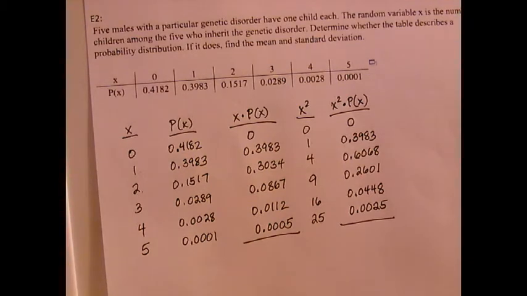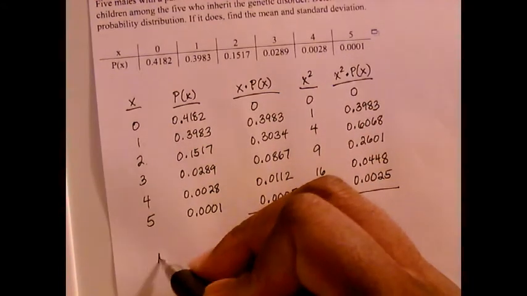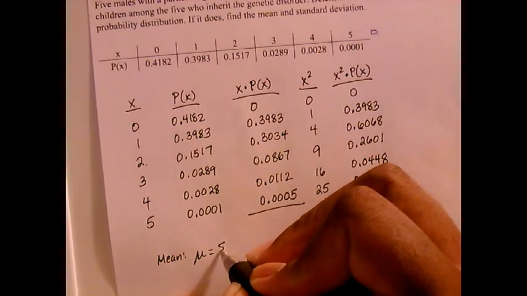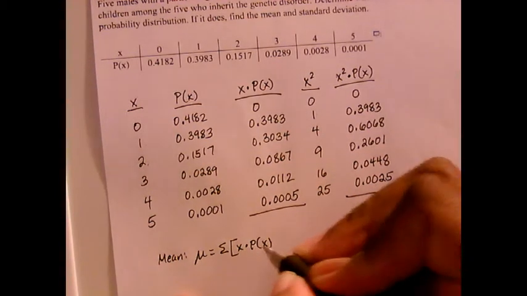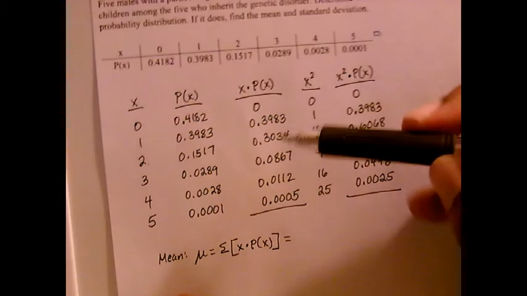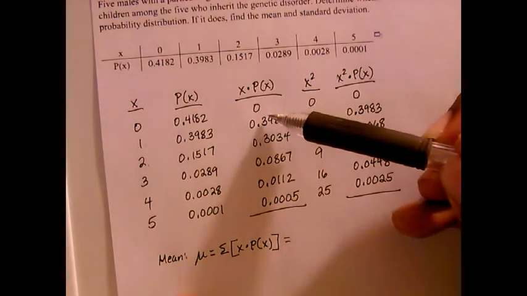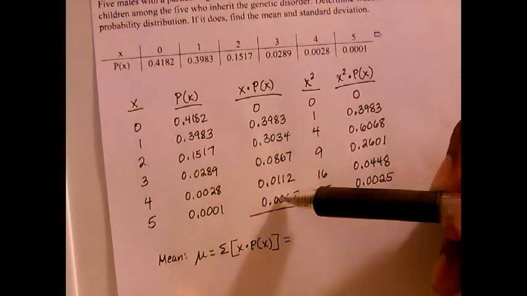Now, here's how I'm going to find the mean. Alright, the mean is this. That's mu is equal to the summation of x times p of x. Well, look what I got. X times p of x, that's this column right here. What I'm going to do here is add up these numbers in this third column here.